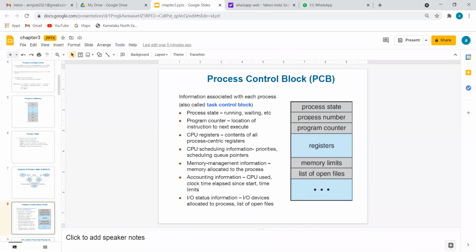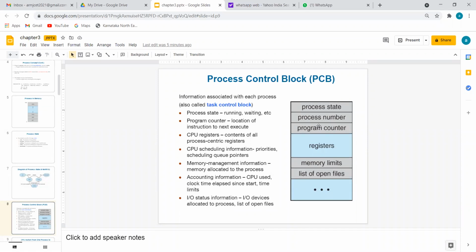Like how a student has a unique number called USN, in the same way a process will also have its own unique number, called PID, process ID, or process number. Then comes the program counter. Why is the program counter important? The program counter tells when a process should execute and when it should not.